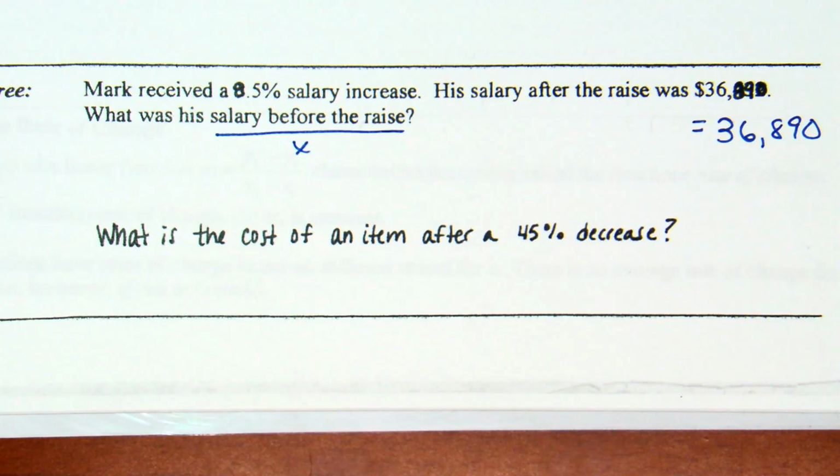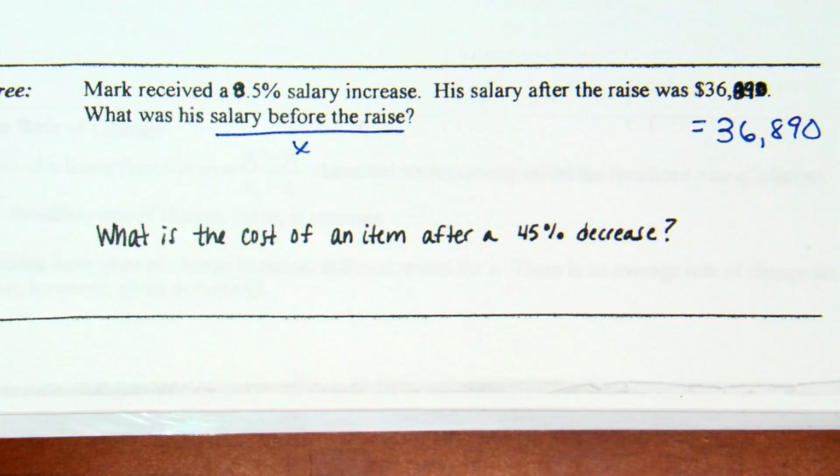So this X is like saying 1X plus 0.085, so 1.085X equals 36,890. Now, could you have jumped straight to that? Yes, some of you may have seen that. That 1.085X is 108.5%. How do we solve this?